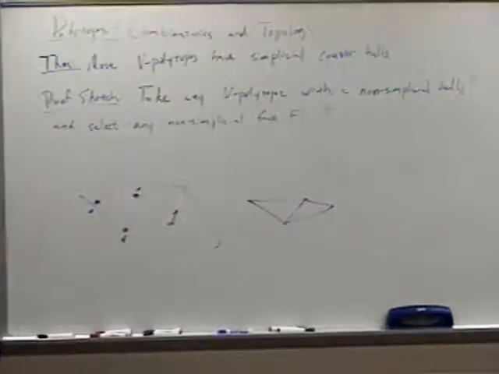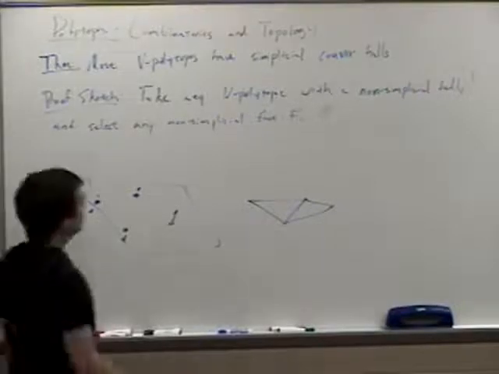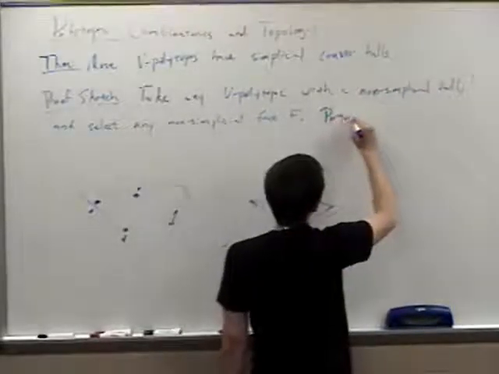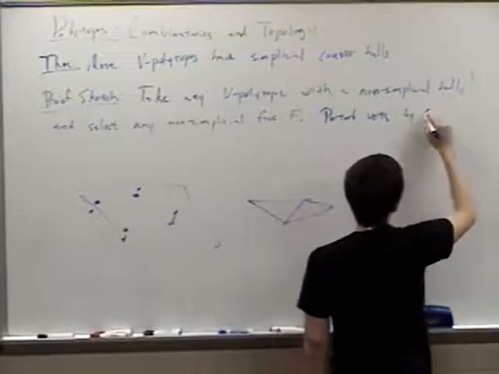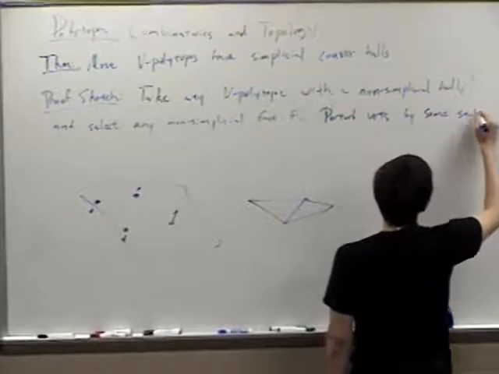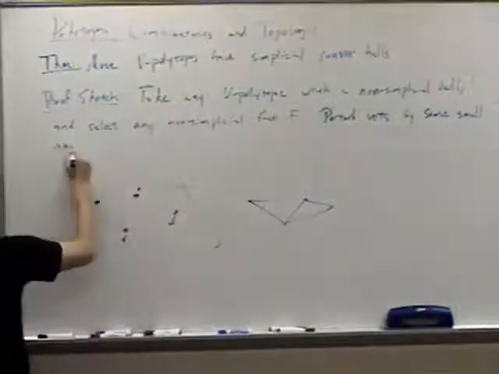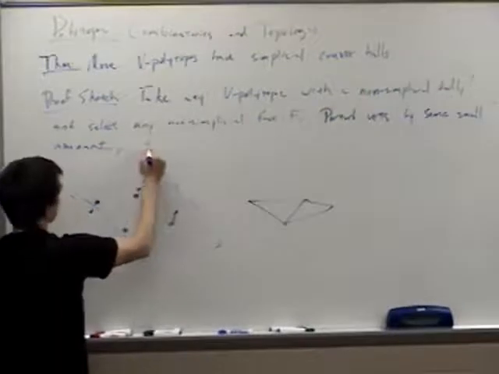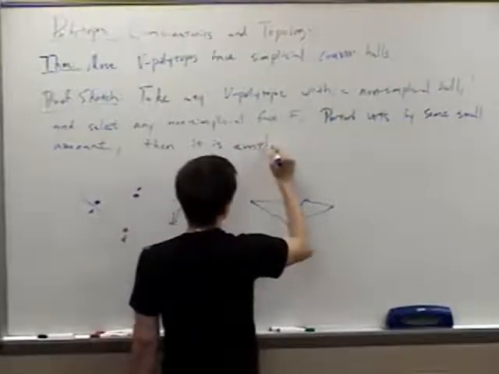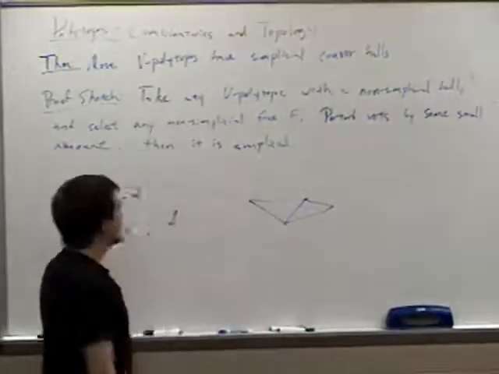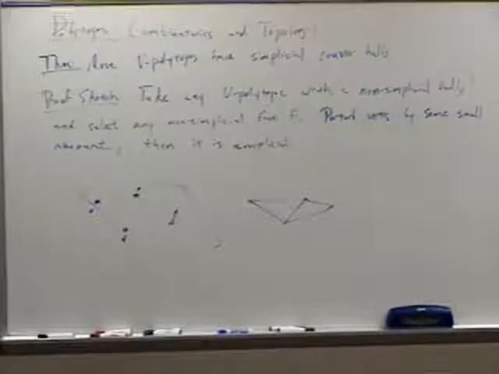So the result is if we just perturb vertices by some small amount, then it is simplicial. So the conclusion is that if we start from a V polytope and then just randomly take convex hulls, if it was in general position, then it's always going to look like a simplicial polytope.